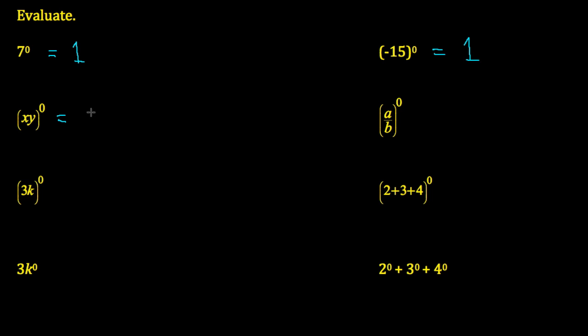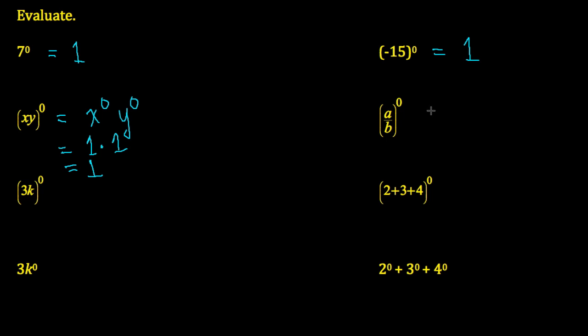Well, applying our power of a product rule, it works like this. x receives that exponent, y receives that exponent. That becomes 1 times 1, which is equal to 1.